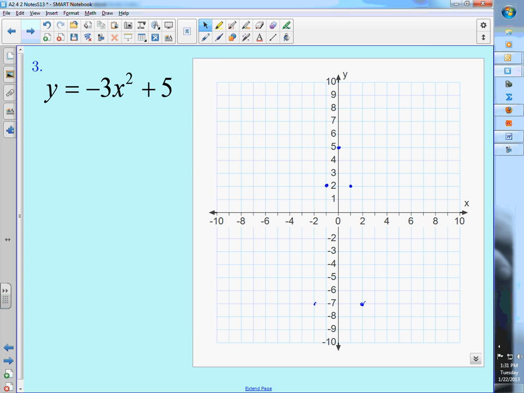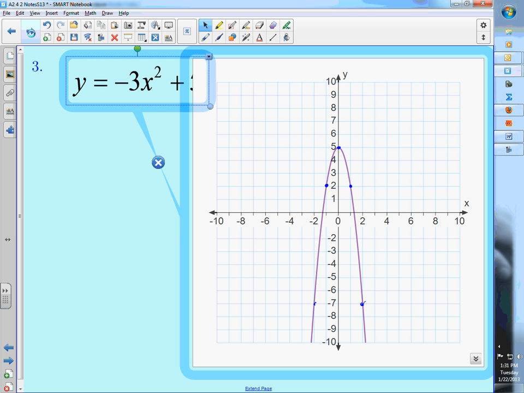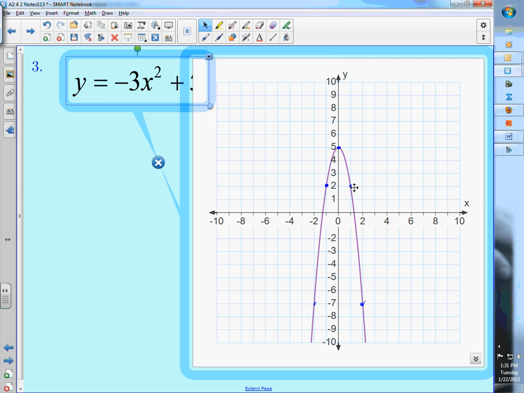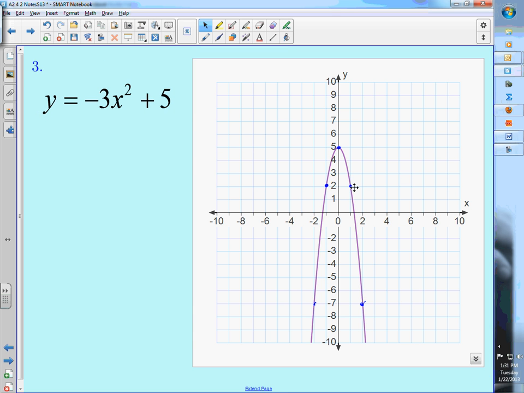And so when we draw our graph, the idea is, can you get the parent graph flipped and moved up at the same time?